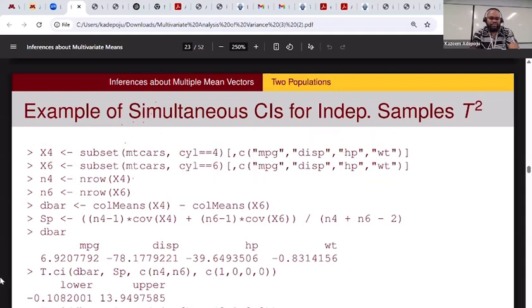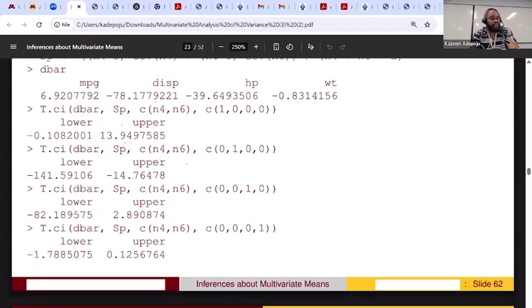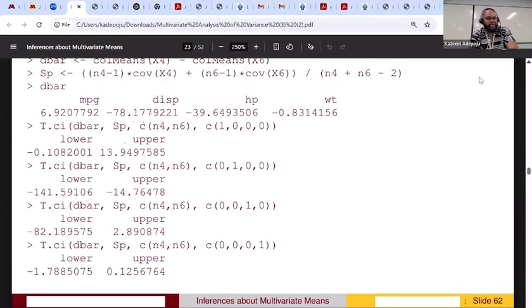But don't forget, when it comes to simultaneous confidence intervals, based on what we did yesterday, we have four of them, depending on the number of variables, because I have four variables.